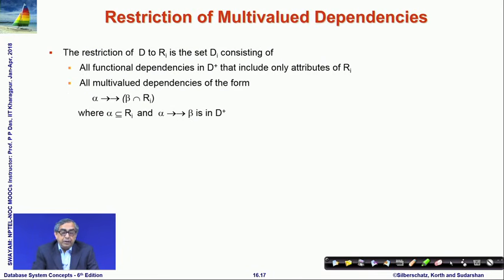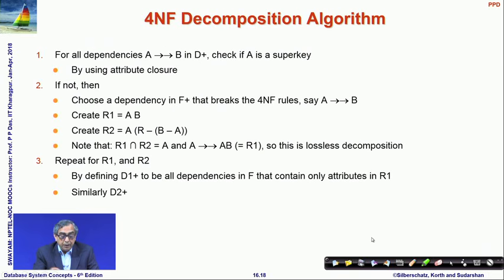So, again the same set of concepts: if I have a set of dependencies and I have a decomposed, smaller relation, then I can project that set of dependencies in terms of a particular subset of the attributes, and here is the condition that is given.